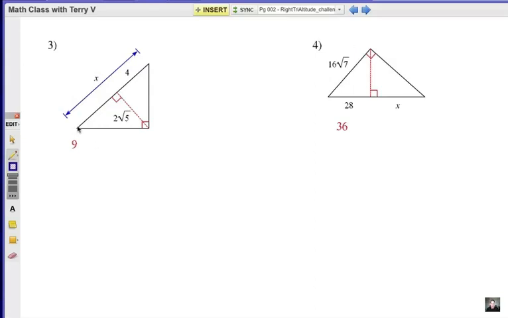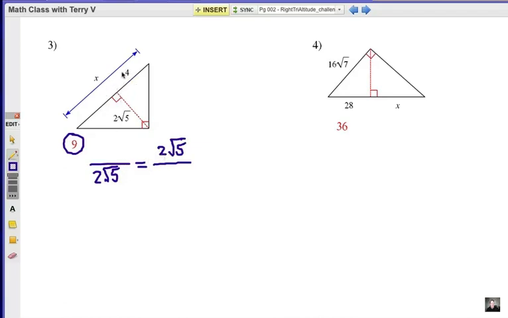All right, let's take a look. Now the answer is 9, but let me work out how we get that. The idea is that we know from a geometric theorem that this altitude here, 2 radical 5, is the geometric mean. So we're going to put it in these two places in the proportion. That's where we put the geometric mean amount. It's the geometric mean between both parts of the hypotenuse.